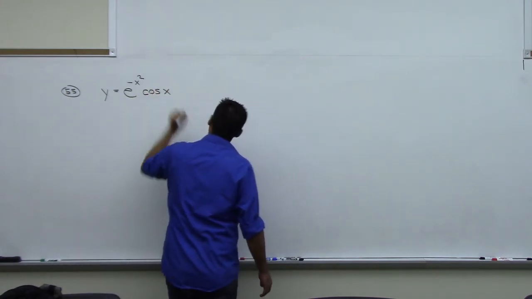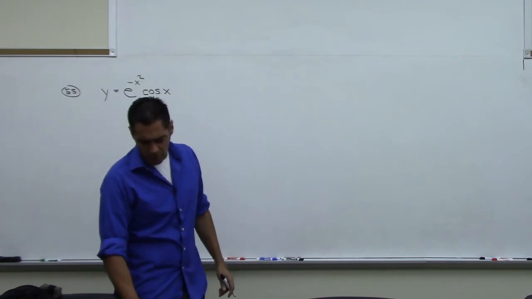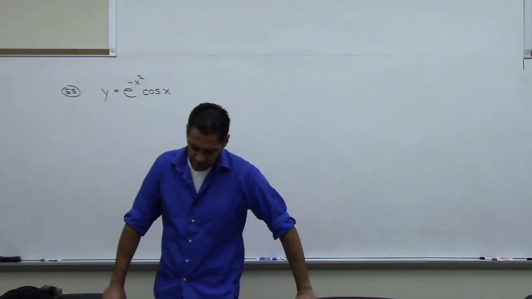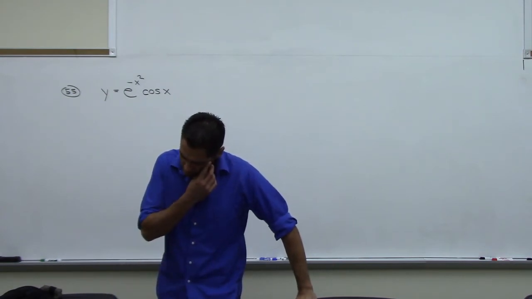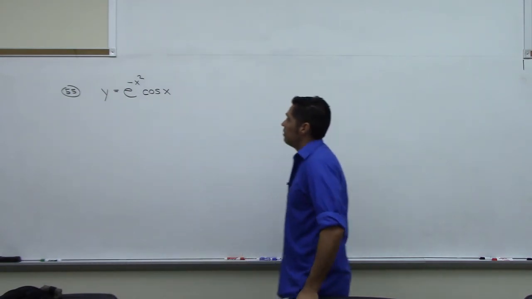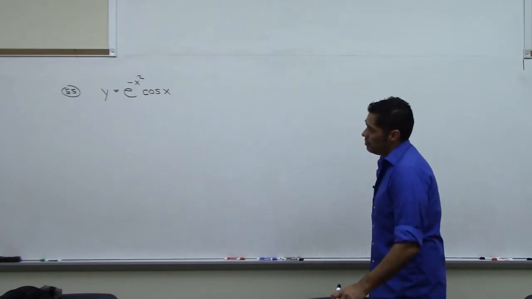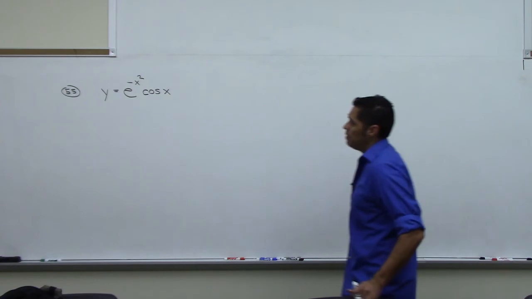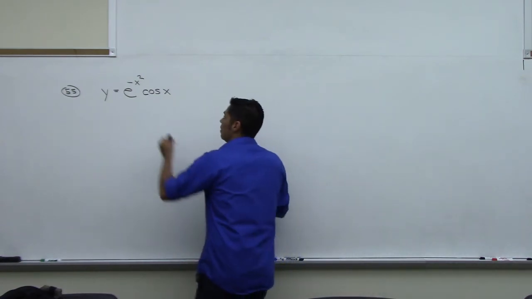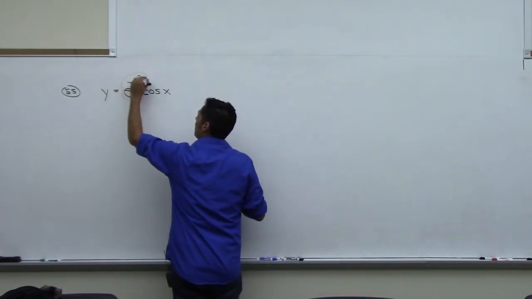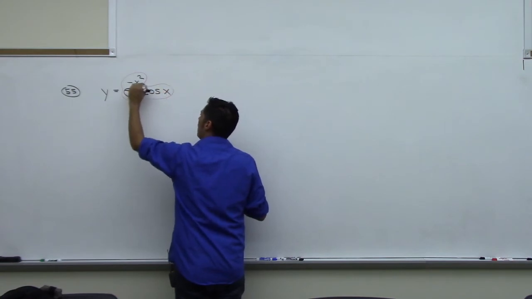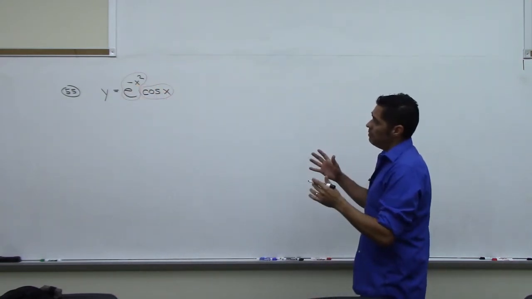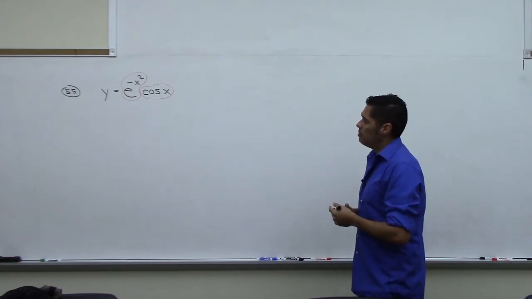And the instructions here are to use multiplication or division of power series to find the first 3 non-zero terms of the Maclaurin series for each of the following functions. So what we're going to do is use our table of Maclaurin series to rewrite these 2 functions, right? This right here and this right here both have Maclaurin series. We're going to go ahead and write the Maclaurin series for these down, then we're going to multiply them out.